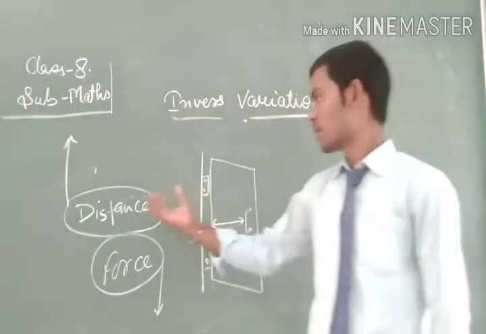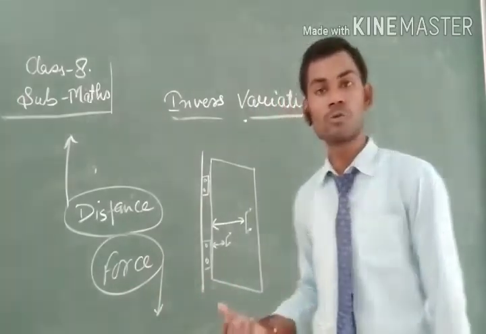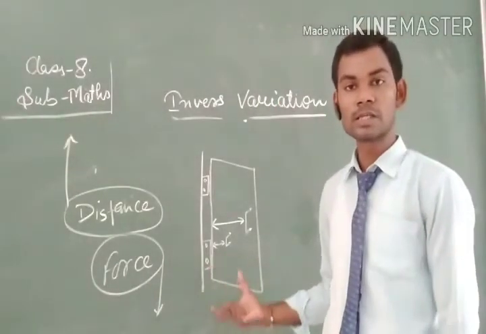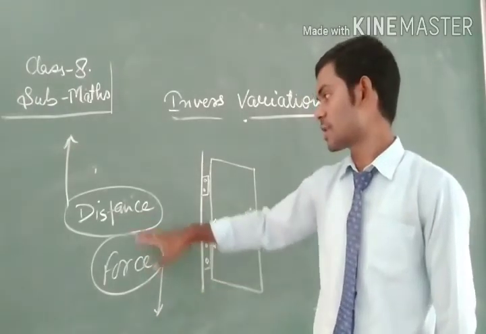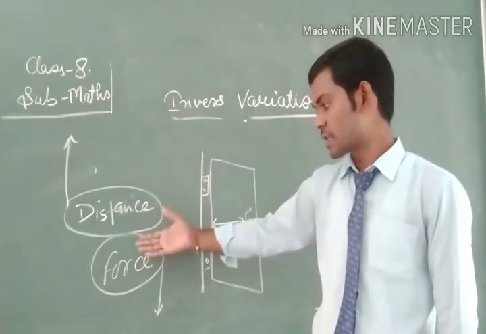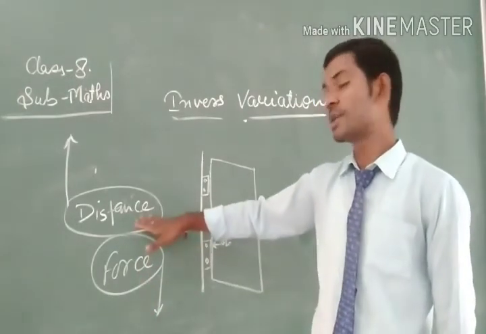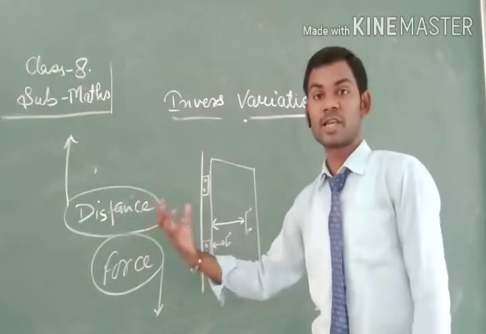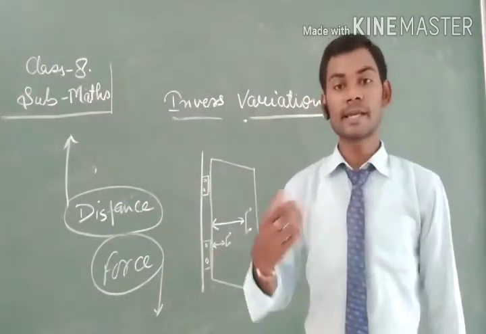If the distance is maximum, then the force required to pull or push this door is minimum. Or you can say that if distance increases, then the required force decreases. Or if distance decreases, then the force required to pull or push the door increases.